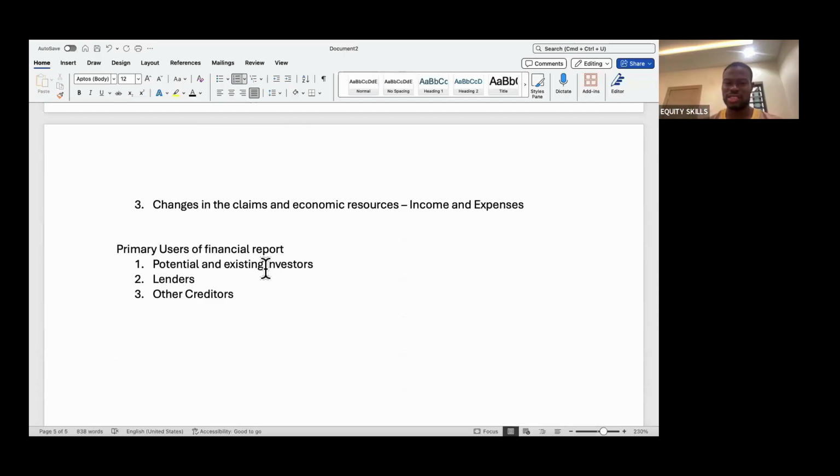To enable them make decision, you see, the decision these 3 sets of people will be making is so clear. Like the investor, what decision will the investor be making? He will make decision on whether to buy or sell the shares of an entity.